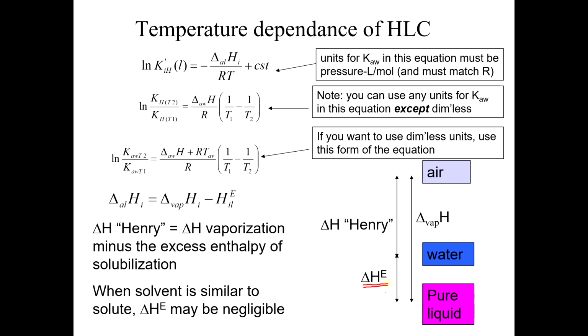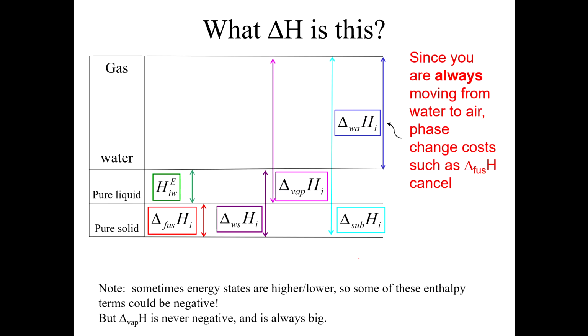It's not a huge number to begin with, especially if you're talking about small molecules that don't have a big cavity term. There's not a lot of issues there. So the HE is pretty small, and therefore delta H of vaporization and delta H of Henry are often quite similar to each other. So again, it's very easy to get confused about what delta H terms we're talking about.